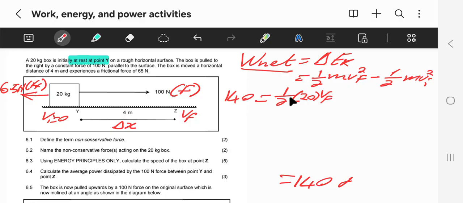So here I will have half 20 vf squared minus my initial velocity, but my initial velocity is actually going to be 0, right? Or rather my initial kinetic energy there, so it's going to be 0. So here I have 20 multiplied by 0 squared, so all of this is going to be 0, and that means I will have 140 is equal to half 20, which is what?